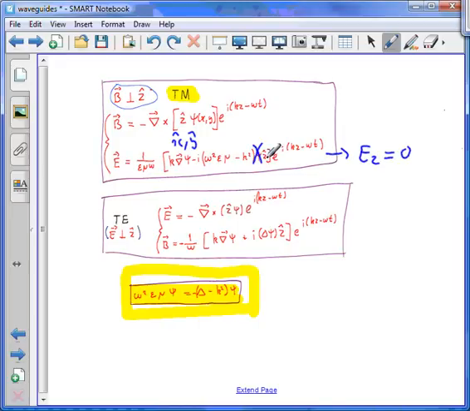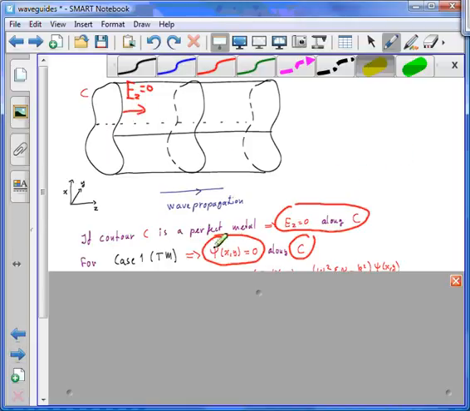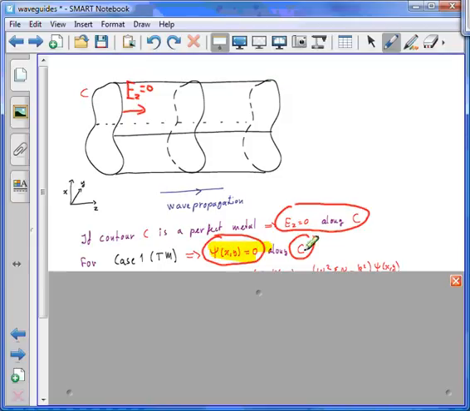So psi equals 0 at the contour will basically lead to the fact that Ez is going to be equal to 0. And so this is basically this expression we have here. So psi equals 0 along C will ensure that Ez is equal to 0 around C.